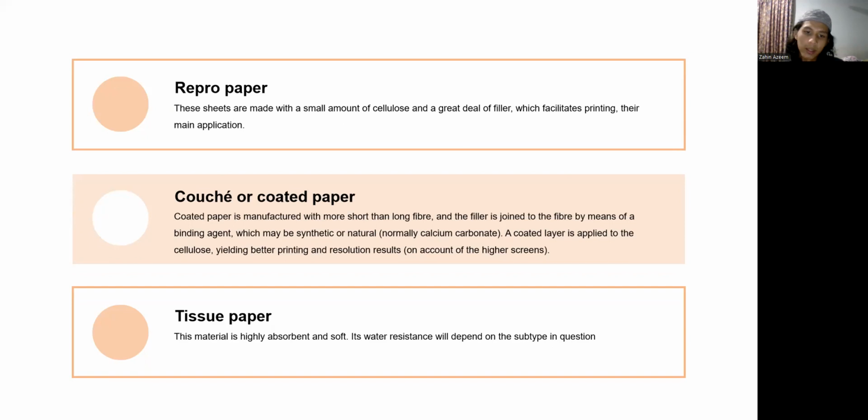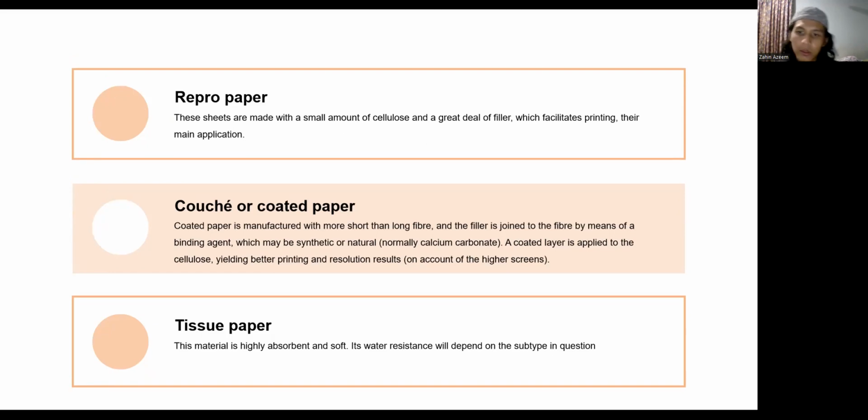A coated layer is applied to the cellulose, yielding better printing and resolution results on account of the higher screen. This is because the ink remains on the surface, and consequently, the post-printing result is shinier and more colorful.